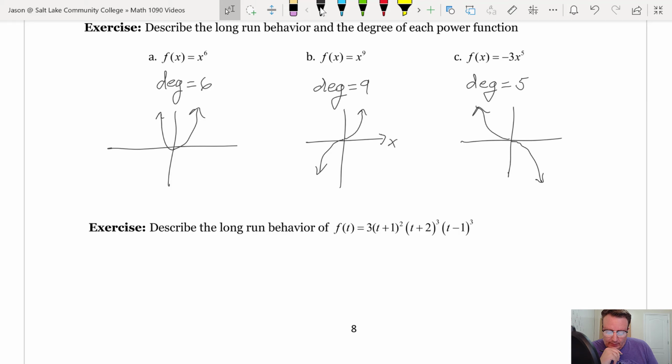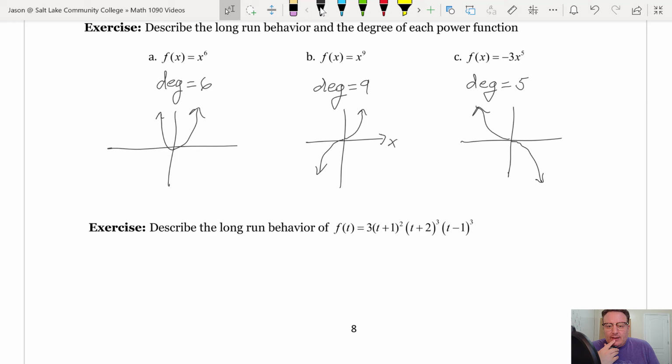The key in understanding how to determine the long-run behavior of a polynomial function is simply the knowledge that in the long run, as x gets very, very large in magnitude, either positive or negative, the leading term of the polynomial function will dictate the behavior.